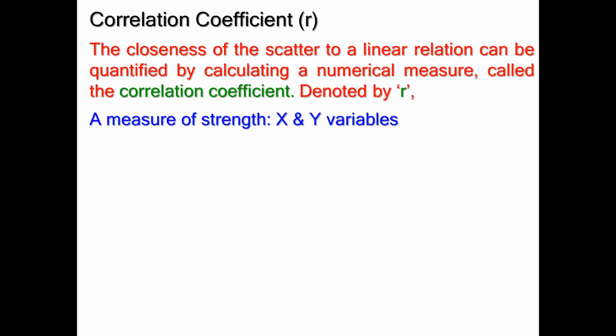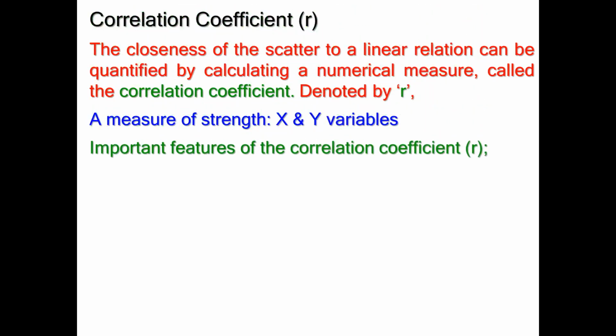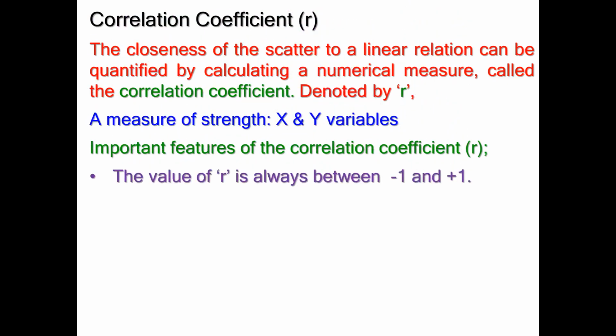Before introducing its formula, we outline some important features of the correlation coefficient and discuss the manner in which it serves to measure the strength of linear relation. The value of r is always between -1 and +1.